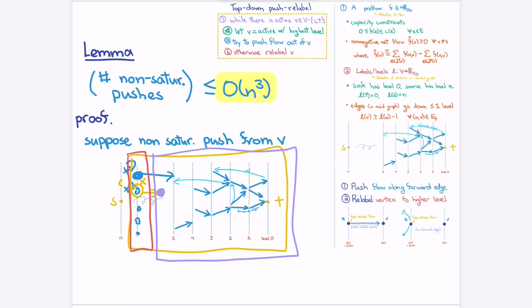So let's say if there are at least square root n vertices in this top level, then that's really good because I make tons of progress. Otherwise, there are fewer than square root n vertices. But for this particular level, you're just going to keep hitting this until there are no active vertices left. How many times can you get a non-saturating push with square root n or fewer vertices?